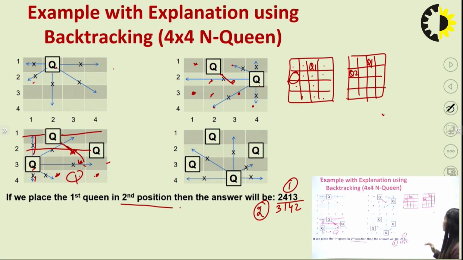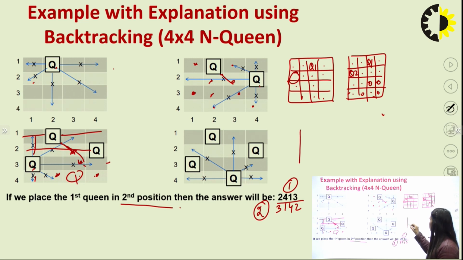Fine, no issues. Now next one, if this one is diagonal and this, now on these dots I cannot put the q3 queen at this place. I can put q3 only on these places, this one, and this one and this one, right? I need to choose the best one.